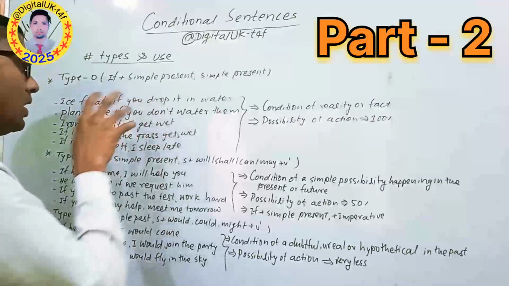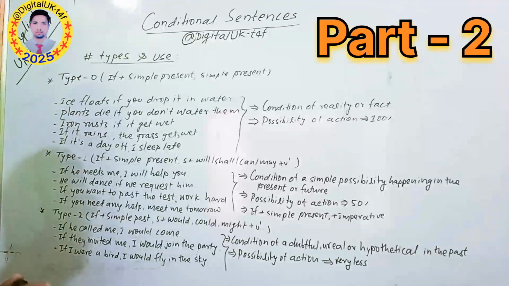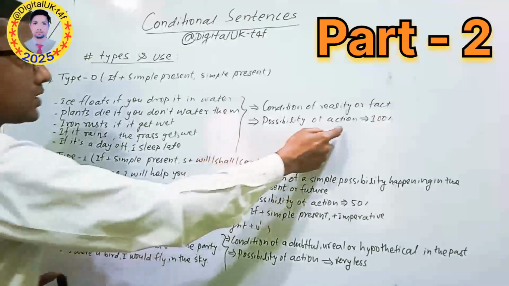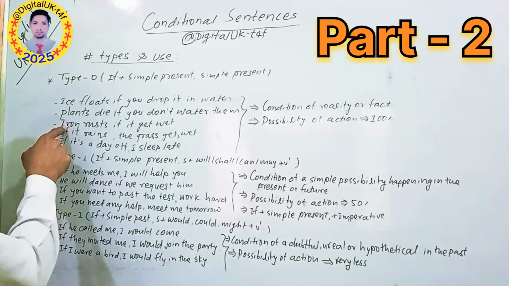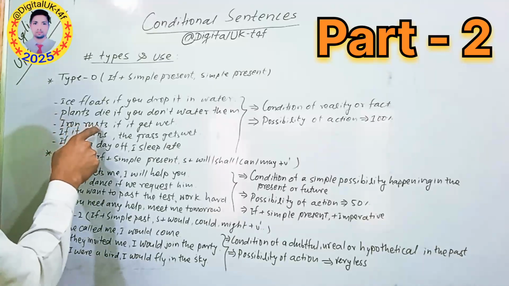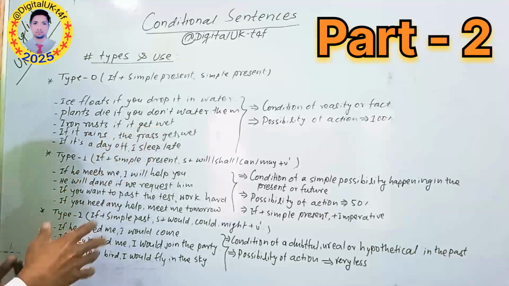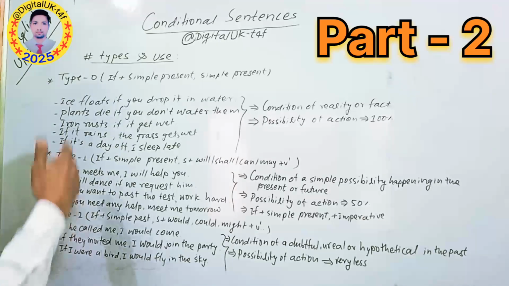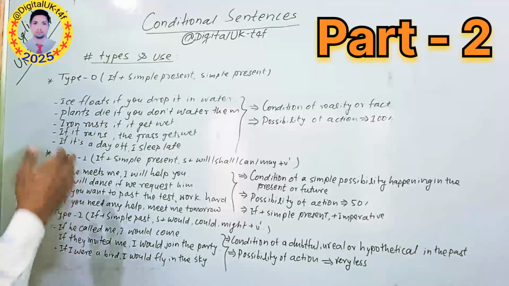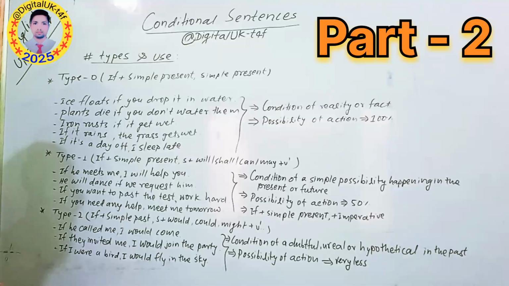So the possibility of the action becomes 100%. You know how? If you say iron rusts if it gets wet, it's a real thing, there is scientific proof that whenever iron gets wet it will rust.